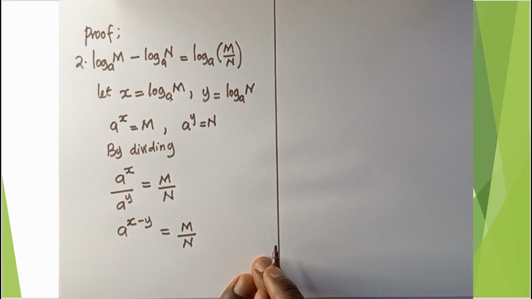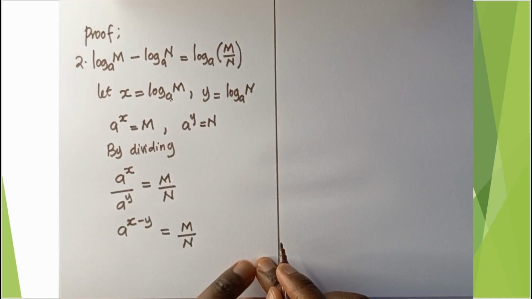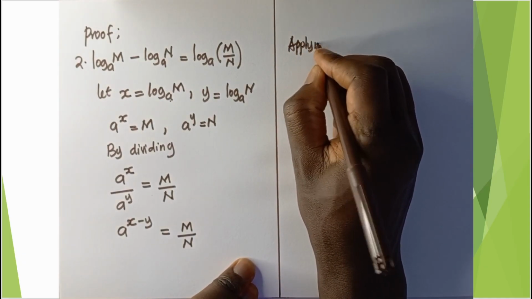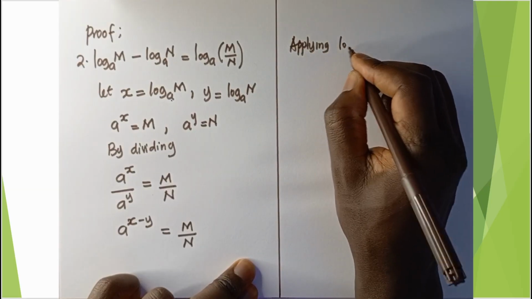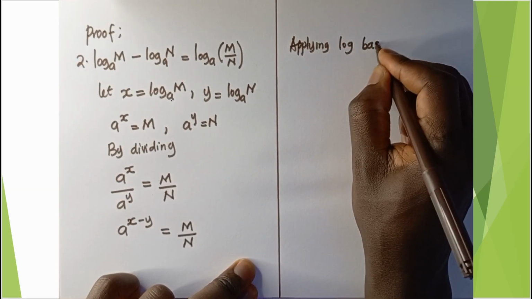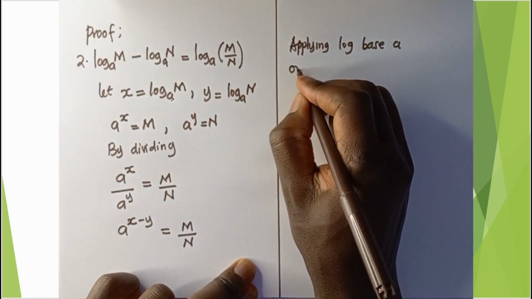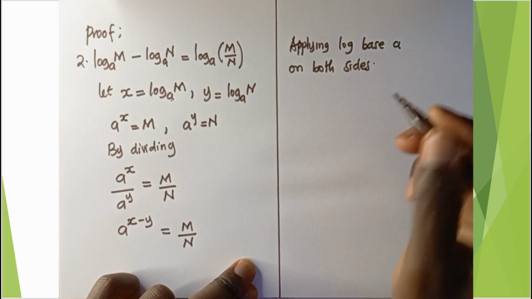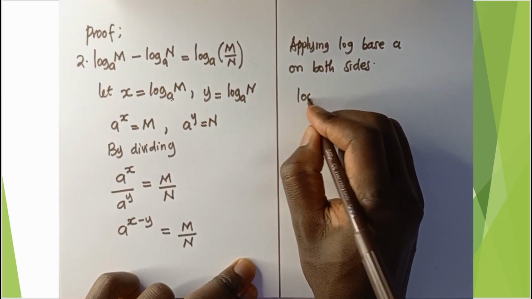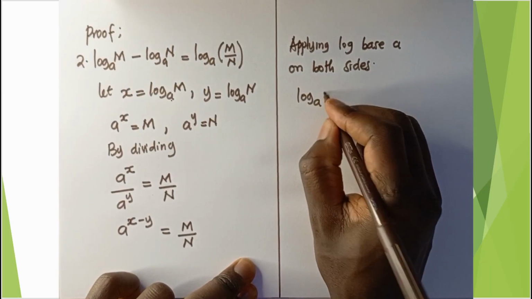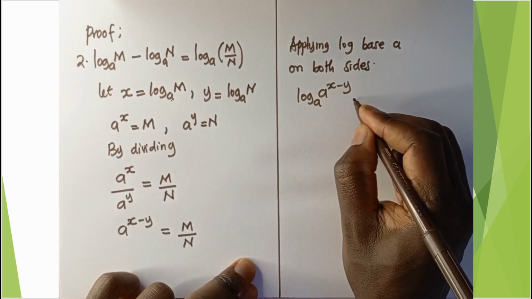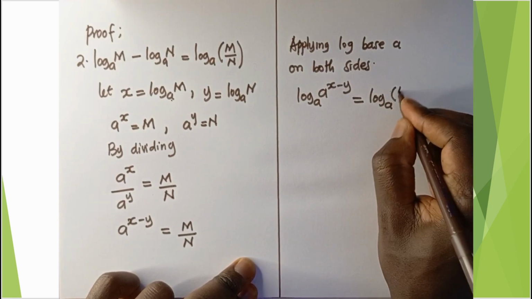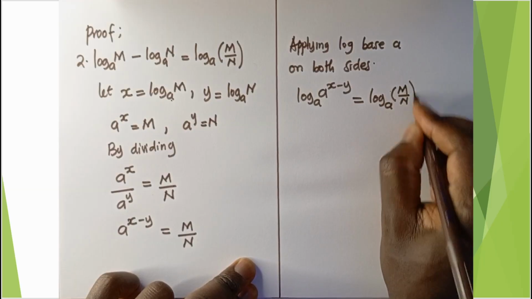Now, after realizing that, we go ahead and apply log base a on both sides. We shall have log base a of a to the power x minus y is equal to log base a of m over n.